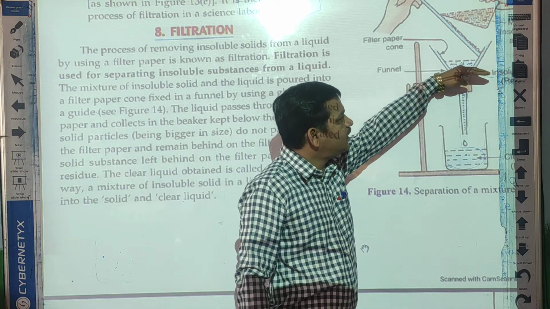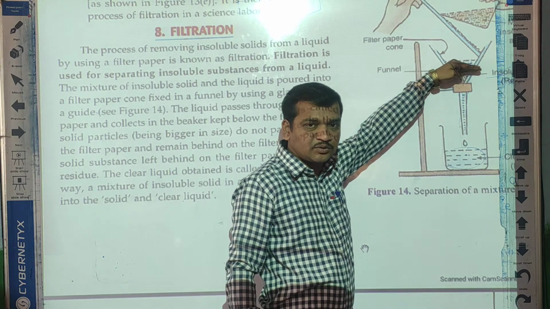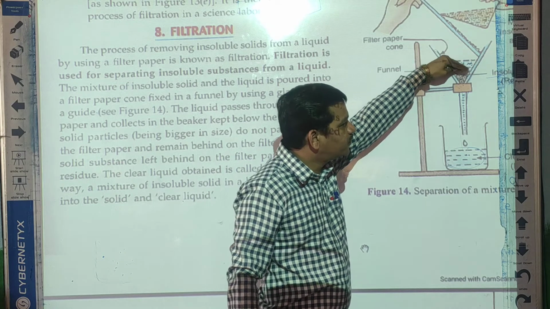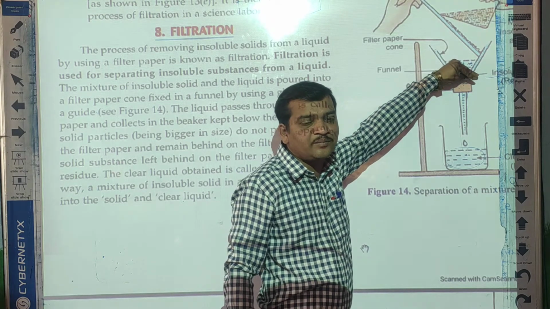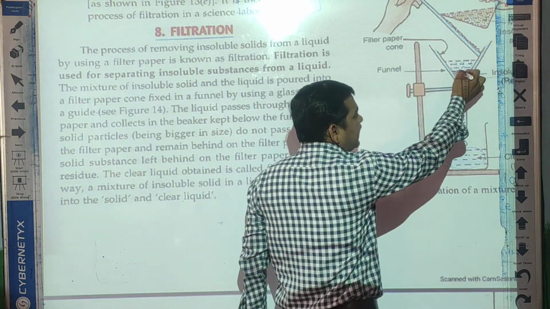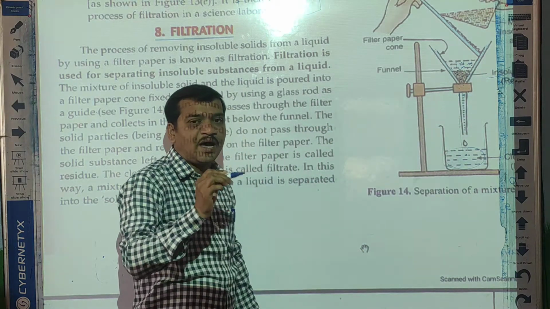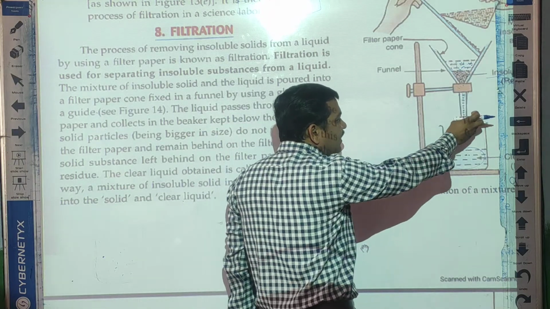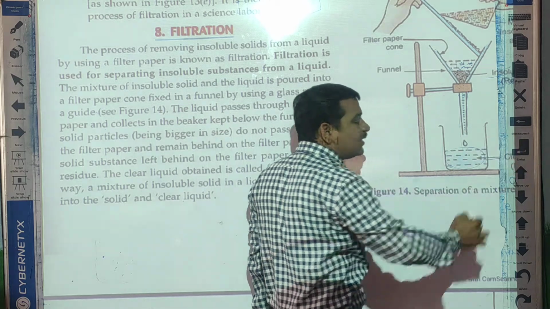Residue means the things which remain on the filter paper during filtration. Whatever solid impurity is there, that is called the residue. So here in the chalk solution, the chalk particles which remain on the filter paper are the residue, and the clear, transparent water that passes through the filter paper is called the filtrate.